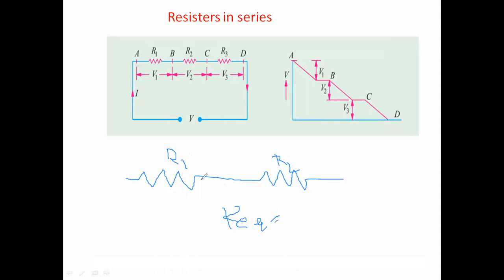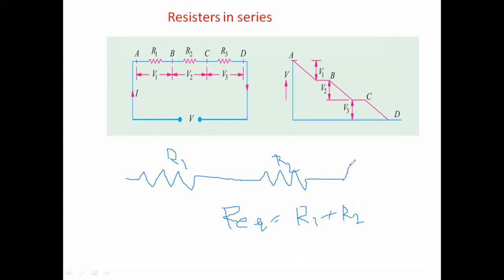We can add the two resistors: R1 plus R2 is the equivalent resistance. The summation of the two resistance values gives the equivalent resistance of these two resistors.